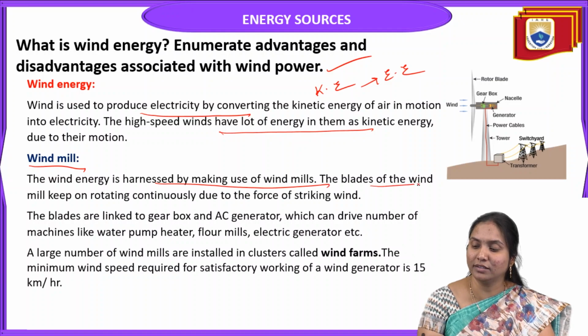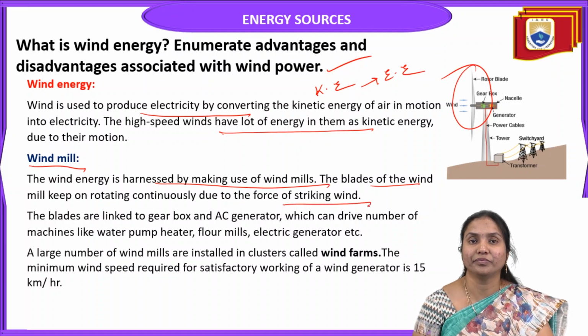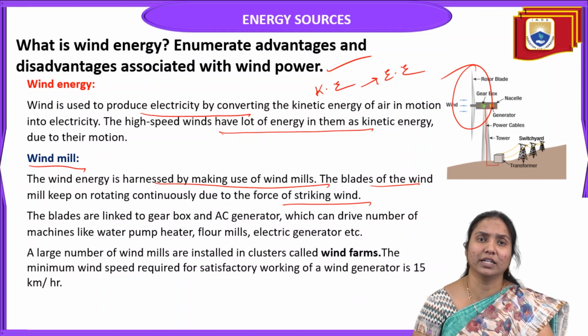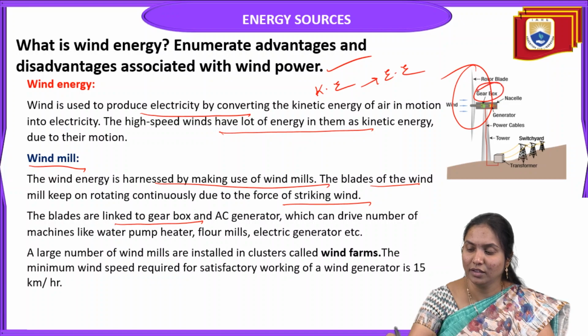The blades of the windmill keep on rotating continuously due to the force of the striking wind. The blades are linked to a gearbox and an AC generator, as you see in this image.